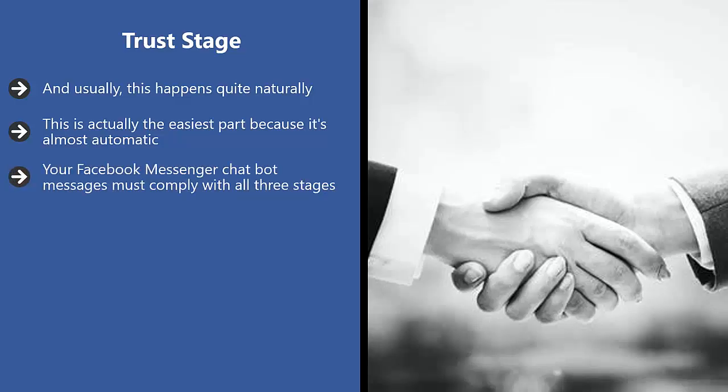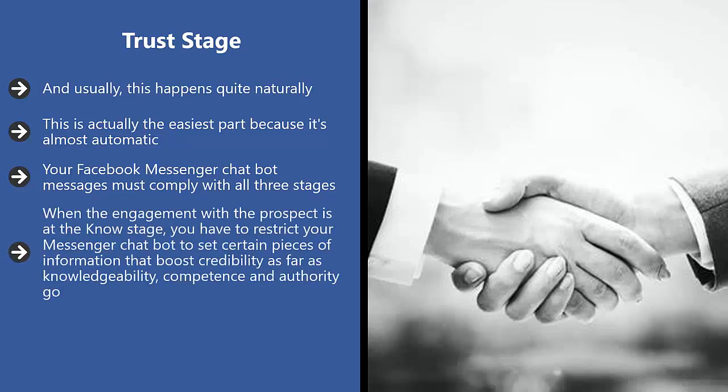Your Facebook Messenger chatbot messages must comply with all 3 stages. Otherwise, you're going to lose the sale. When the engagement with the prospect is at the know stage, you have to restrict your Messenger chatbot to certain pieces of information that boost credibility as far as knowledgeability, competence, and authority go. On the like stage, the kind of messaging you send must be comparative in nature.